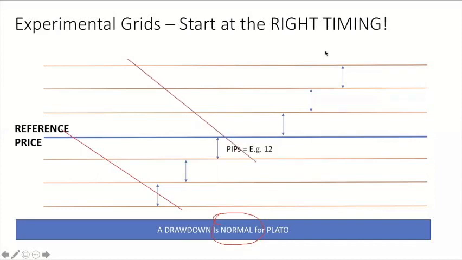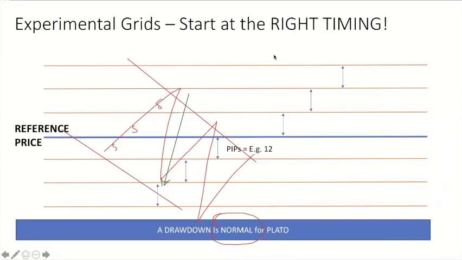If we know that Plateau drawdown is normal, because basically with pairs like this, it shorts, and then when it goes down here, it goes long. The start for Plateau is very important. You want to really start at the right time.